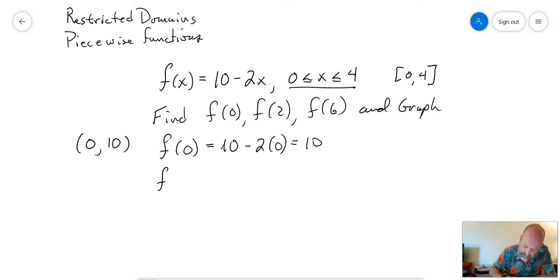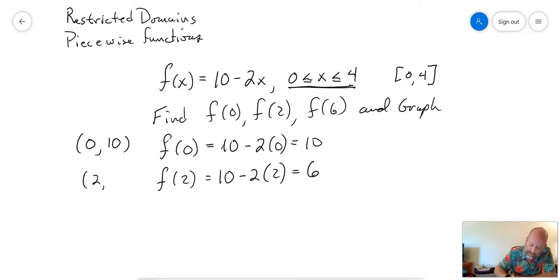Then we look at the next one, f of 2, and we should probably double check here. 2 falls in this interval, so that's no problem. So this is 10 minus 2 times 2, and 2 times 2 is 4, so this is 10 minus 4, or 6, which means we have the point (2, 6) here. And then looking at the last one, f of 6, well, you notice 6 doesn't fit into this interval, right?